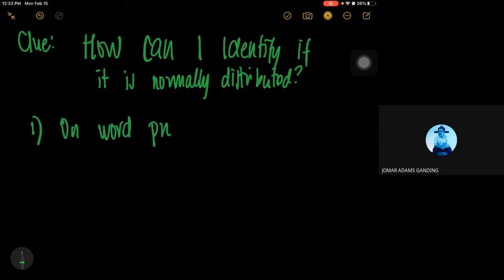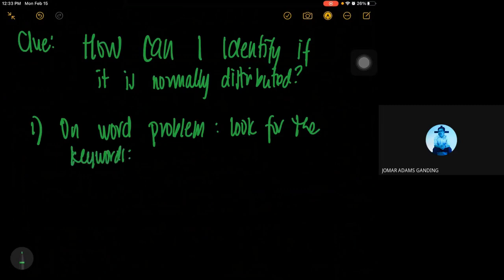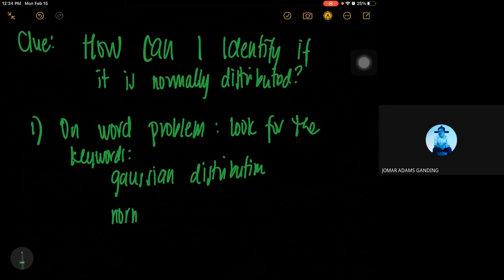You need to look for the keywords. The keywords here are Gaussian distribution. Aside from that, take for example, it is normally distributed.